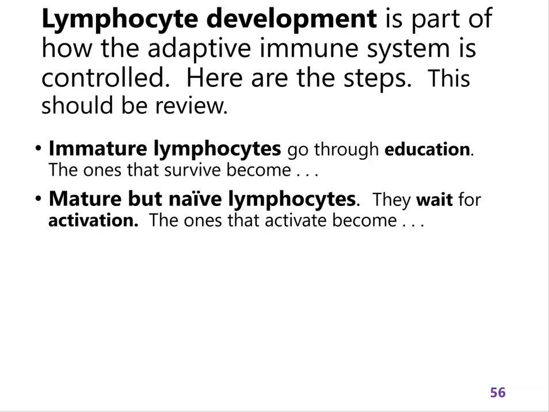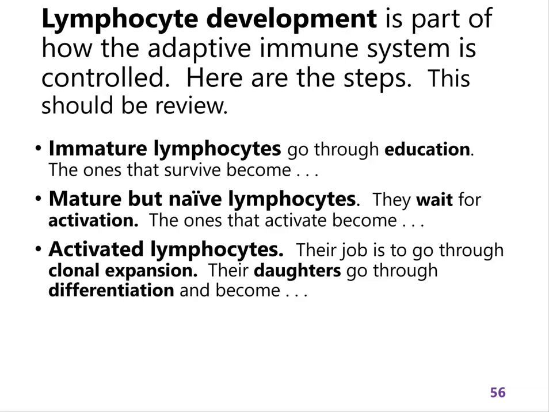These are the ones that do primary activation. If one of them does primary activation, it will become an activated lymphocyte. We don't talk about this much because it is a temporary step. What it's going to do immediately is go through clonal expansion. It's going to divide, and its daughters are going to divide, and they're going to keep dividing, and we won't be able to tell which one was the original.